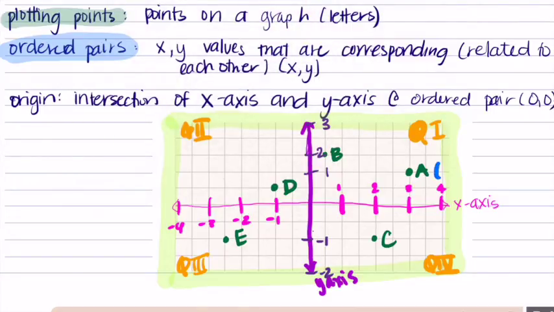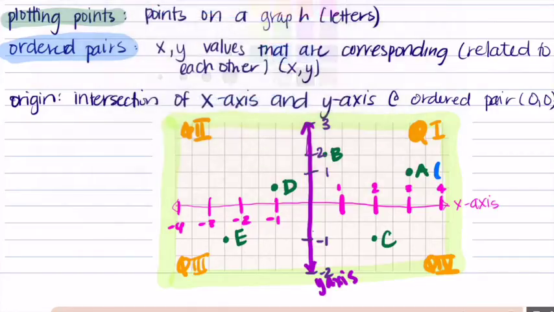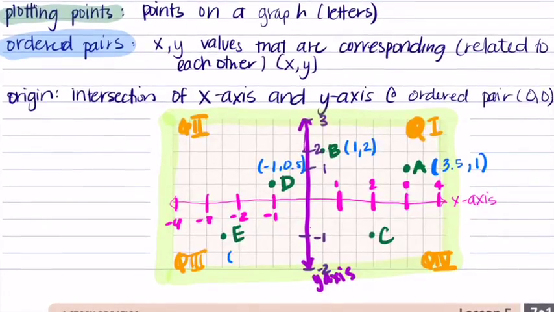So A has an ordered pair of 3.5 and 1. Okay, just get that from my x and y axis. B has an ordered pair of 1 and 2. D is negative 1 and 0.5. E is negative 2.5 and negative 1.